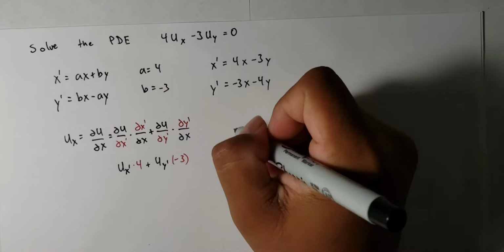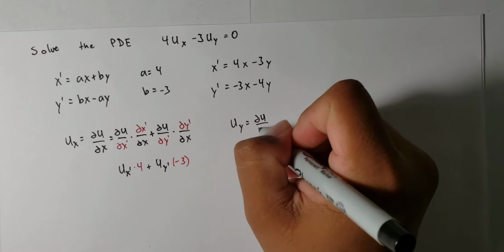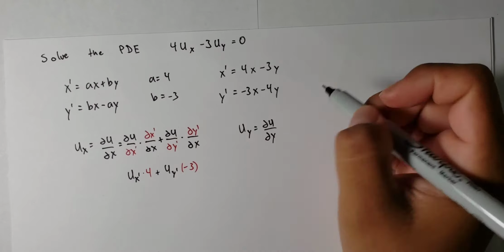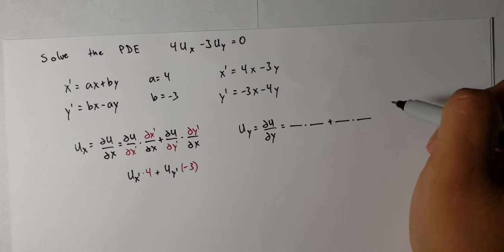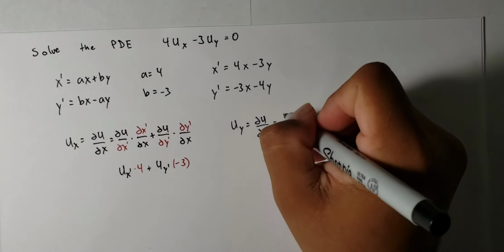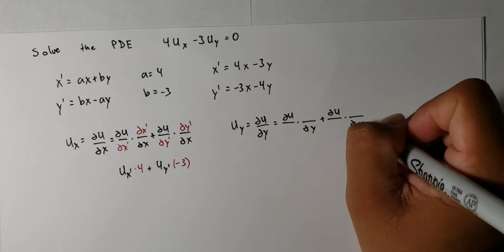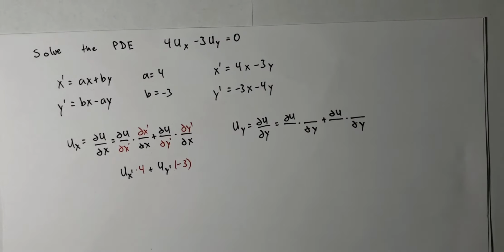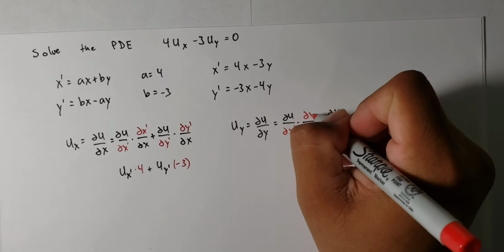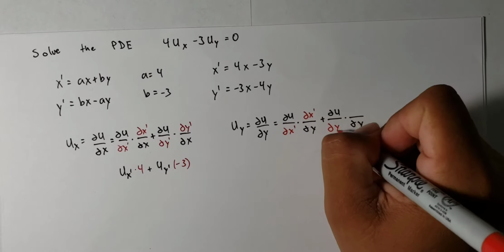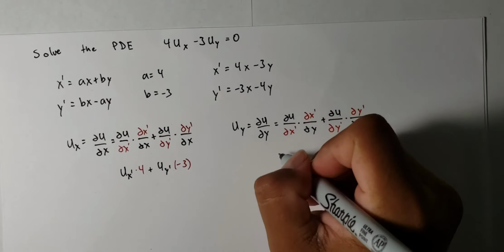Now change for y. It's partial u, partial y. The first two stay the same.